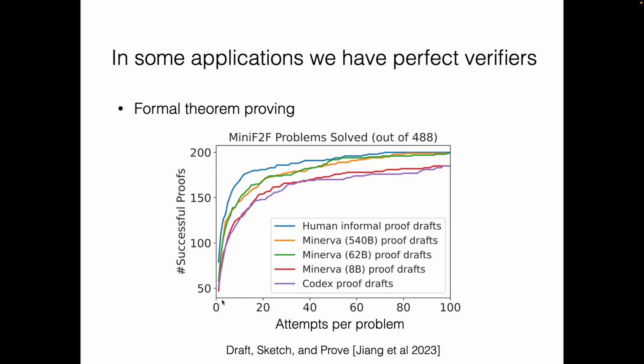You can see that as you attempt more and more proofs, all you need to do is find one proof which is verified by the system. And you can see that this is very effective. It's silly to try just generating one proof. You can just generate more and more. It does level off at some point, but you do see this inference time scaling, or test time scaling.